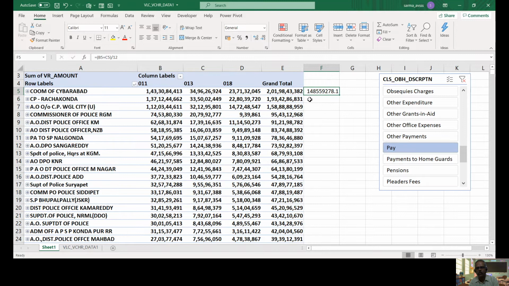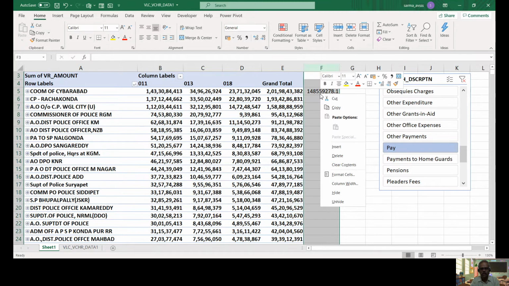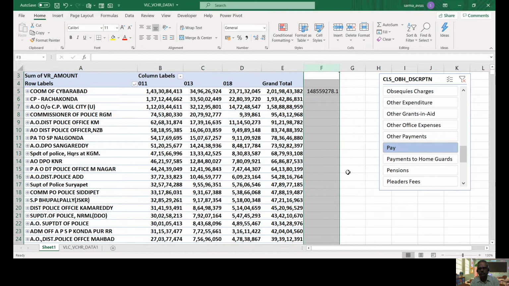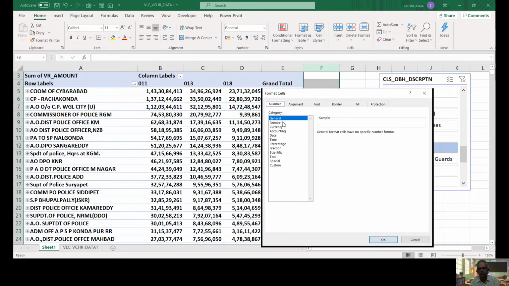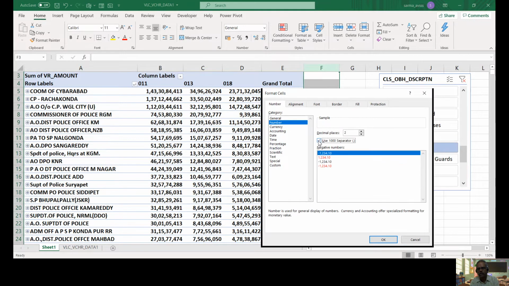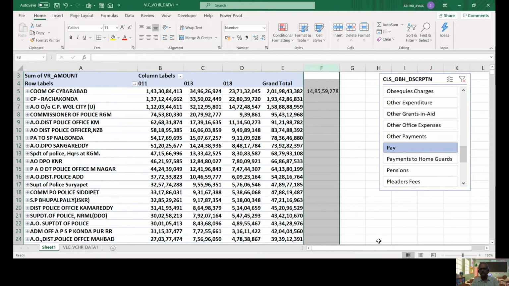How much? 14 crores. Maybe I will format this for easy readability. In the formatting, I'm just putting the commas, thousand separators, and removing the decimals. So his average monthly expenditure is 14 crore 85 lakh 59,000, right?